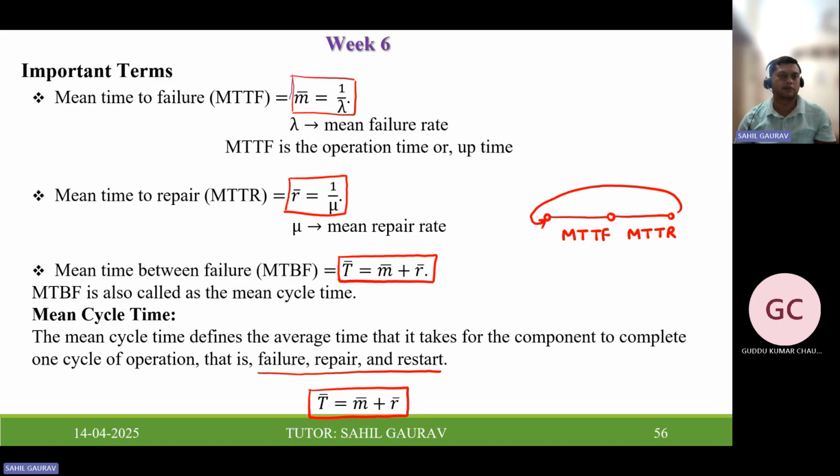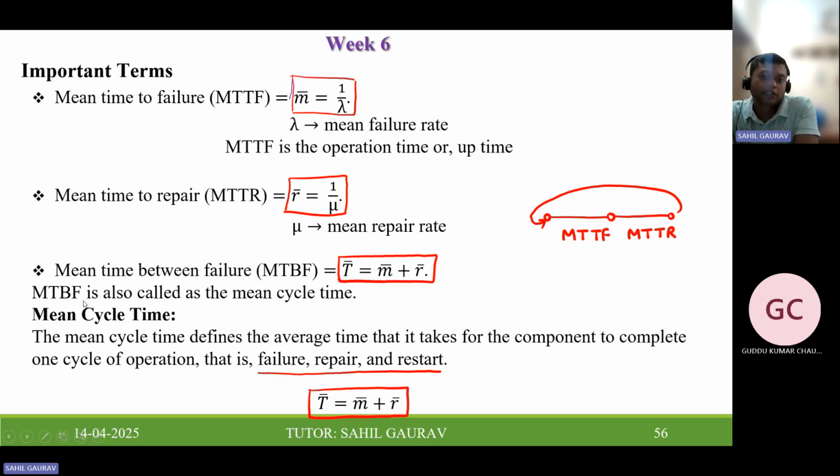The first one is mean time to failure. Mean time to failure is the operation time or uptime, and its reciprocal is the mean failure rate, denoted by lambda. Mean time to repair is denoted by R bar, and it is the reciprocal of the mean repair rate.